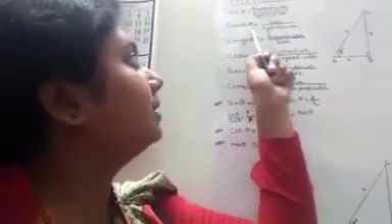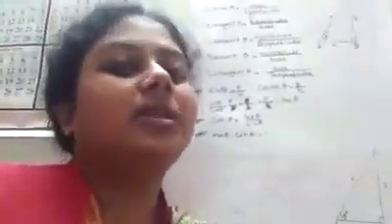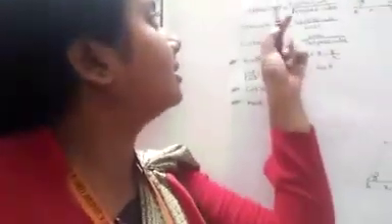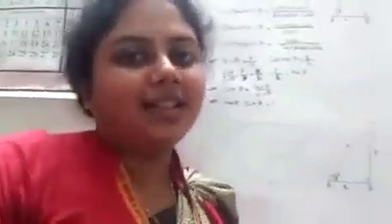Similarly, cosine theta is base by hypotenuse, and secant theta is hypotenuse by base. That means cos theta is inversely proportional to sec theta, and sec theta to cos theta. And the last one, tangent theta and cotangent theta are also inversely proportional to each other. So cot theta is equal to 1 by tan theta, and tan theta is equal to 1 by cot theta.